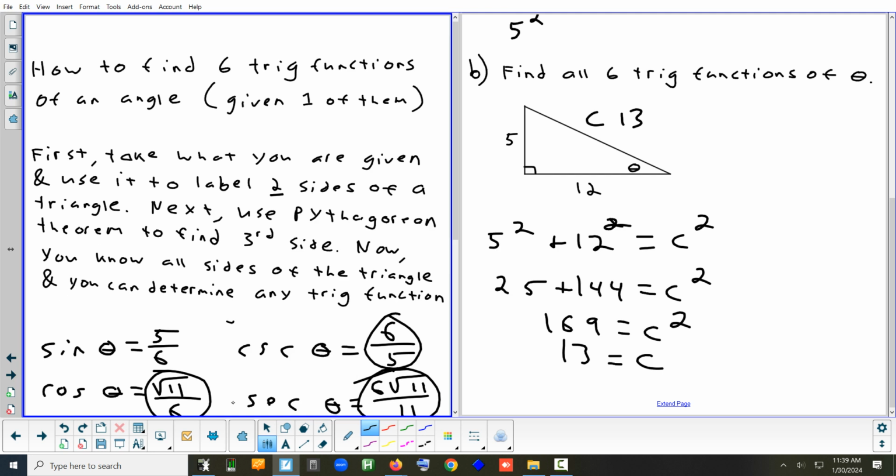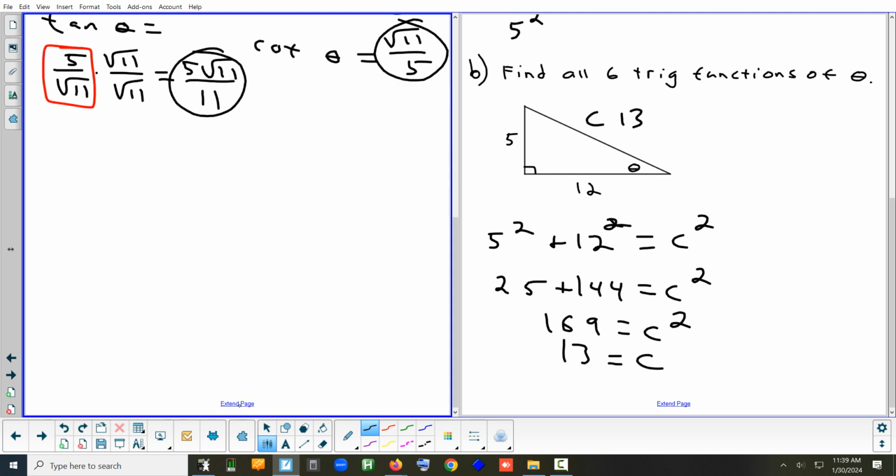All right. And now let's do our trig functions. It did say to find all 6. Now remember, everything is from the perspective of theta, which is in the lower right. So opposite is 5, adjacent is 12.